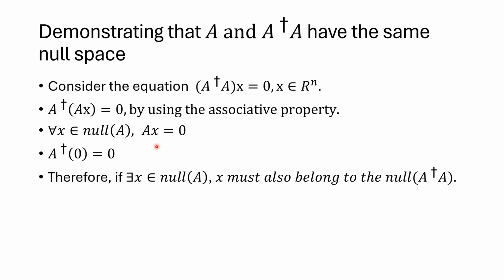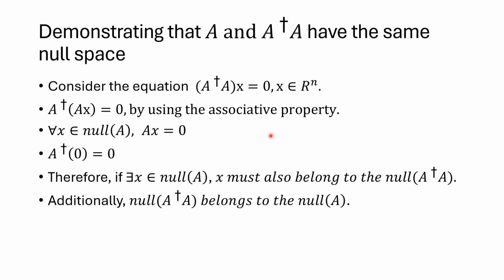This is basically just saying that the set of values for the null space of A is a subset of the null space of A transpose A, all right? Now, I've got the first part down.